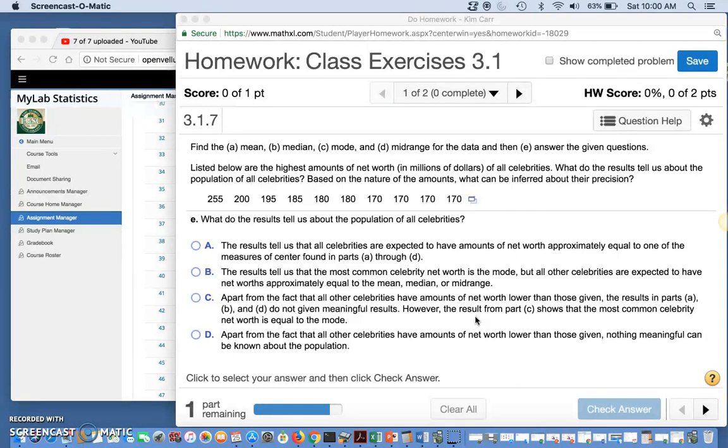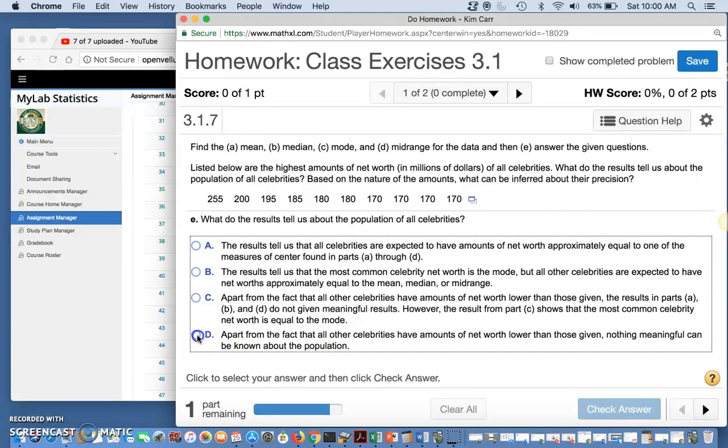However, the result in C shows that the most common celebrity net worth is equal to the mode. Apart from the fact that all celebrities have amounts of net worth lower than those given, nothing meaningful can be gained because that's the top. It's not a good sample of all celebrities. It's just the top.